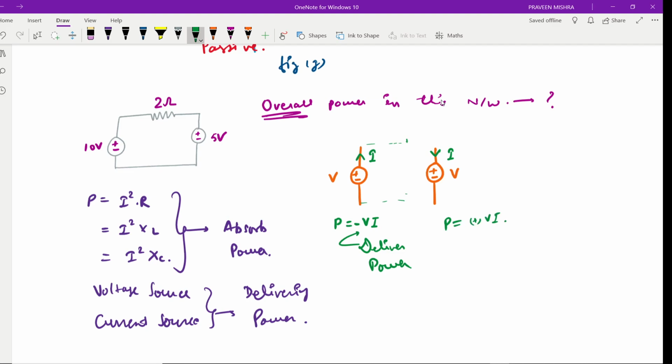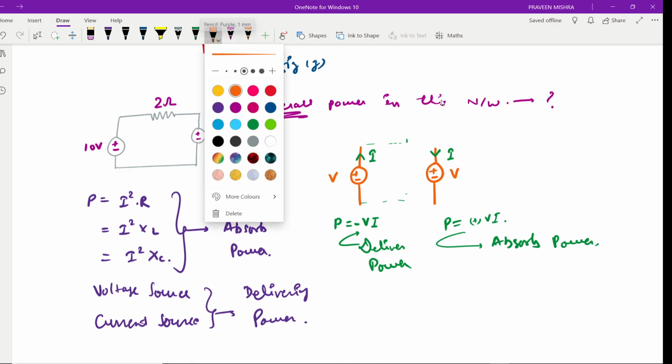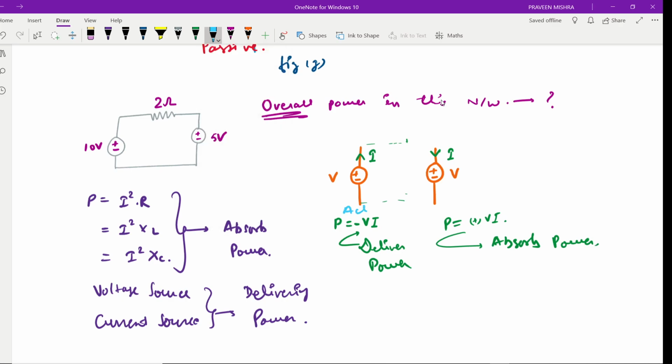In this scenario it is absorbing the power, meaning it will absorb the power. So the same voltage source will act like an active element in one scenario, and in this case it is acting like a passive element.